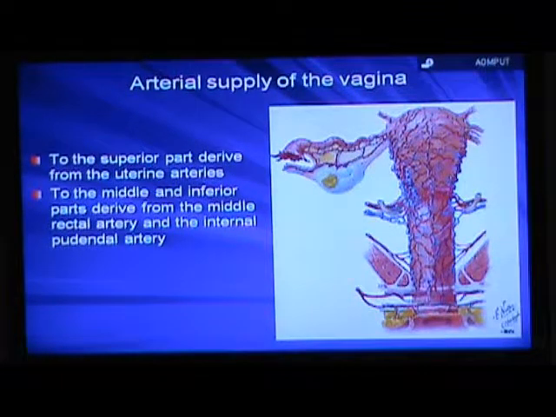These are branches from the internal iliac artery. If you remember the big source, you will remember the next vessels: the internal iliac artery gives these three vessels, the uterine artery, the middle rectal artery, and the internal pudendal artery.